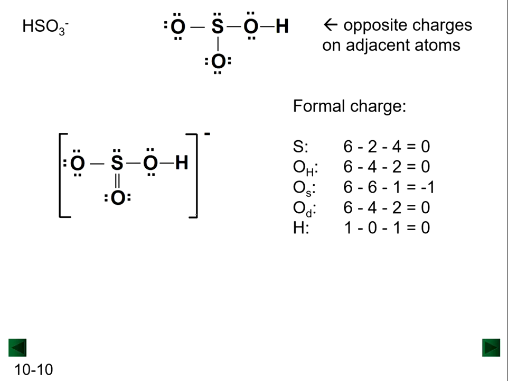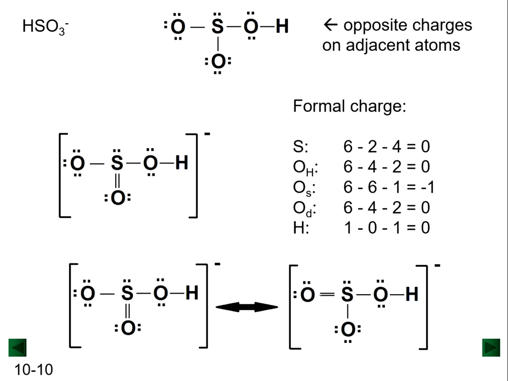And anytime we can make a structure using two equivalent approaches that are equally good, we have a resonance structure situation. So here we see that we can use either the bottom oxygen or the one on the left-hand side to eliminate the sulfur formal charge.